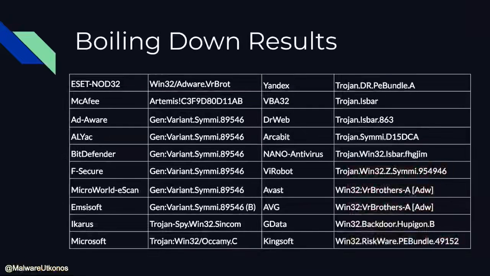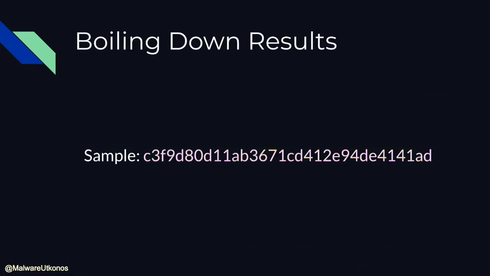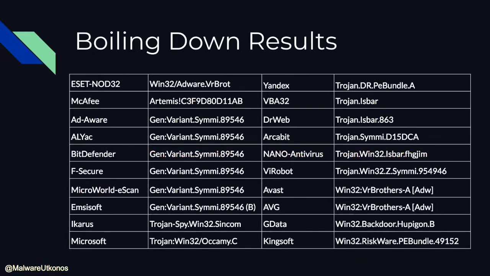The first thing you'll notice is this isn't all of the AV scanners that were run against this sample. I've removed all of the generic ones, just because of space on the slide, and the generic ones give me no information.